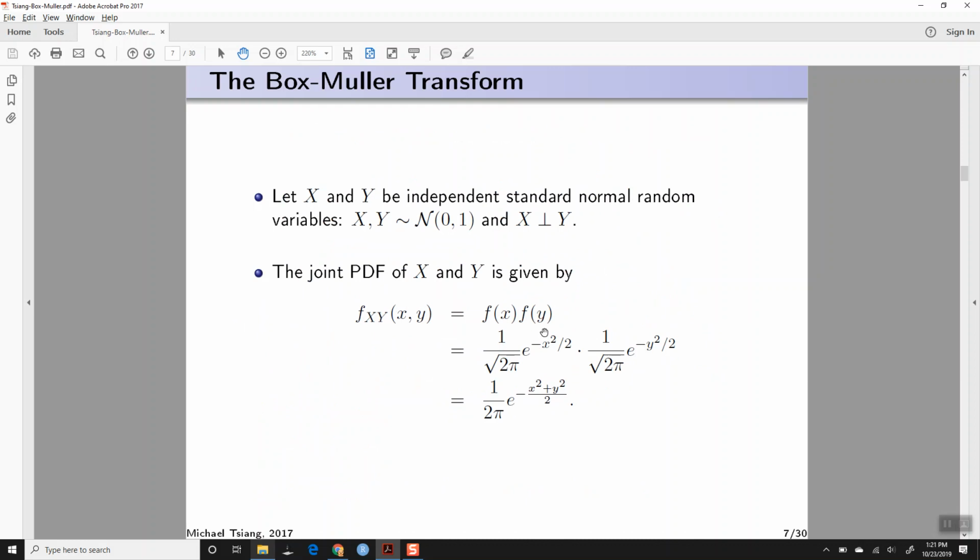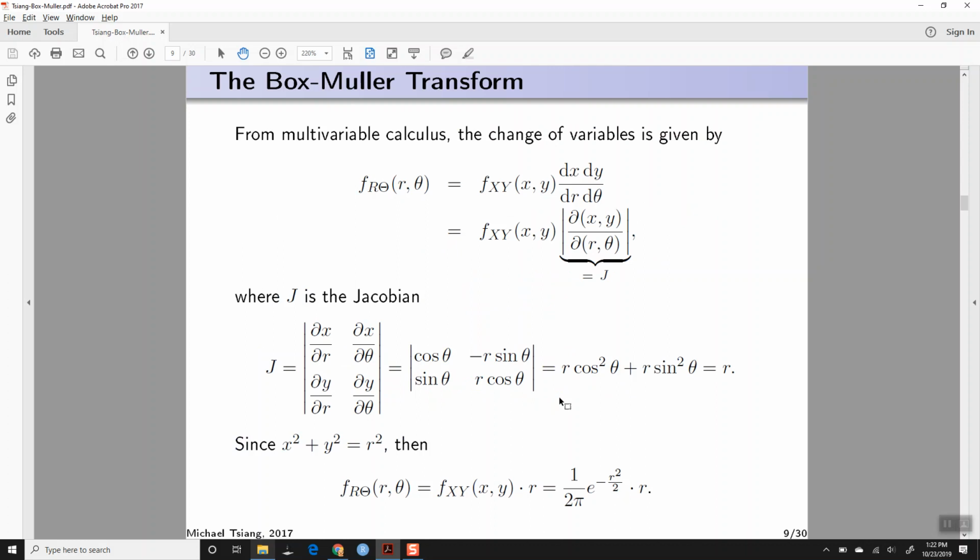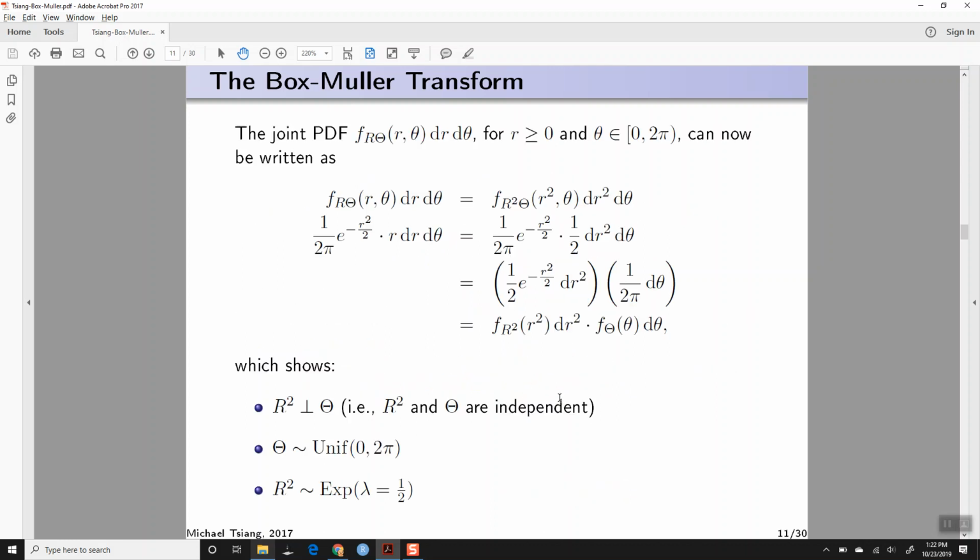So we have shown that the joint distribution of two independent normally distributed variables, if we apply a change of variables, which granted is a little bit tough, but I've shown you the answer on how to do this, we can demonstrate that this is an exponentially distributed random variable, and this is a uniformly distributed random variable.